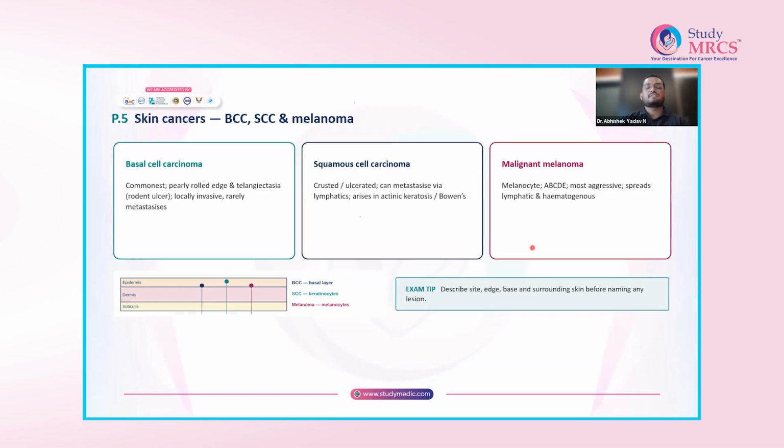In malignant melanoma staging, we have something called Clark's level of invasion, based upon the depth. Then we talk about Breslow's thickness, which is measured on histopathological examination from the stratum granulosum.